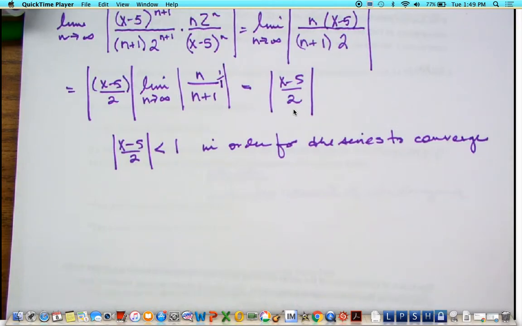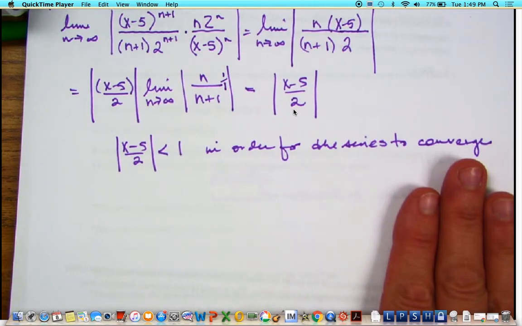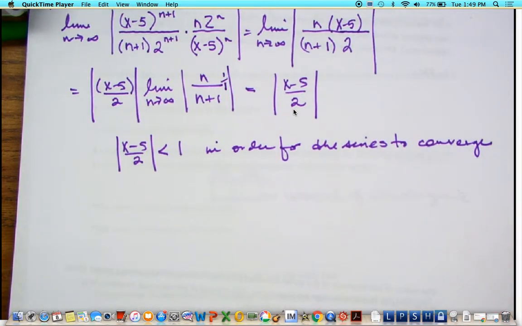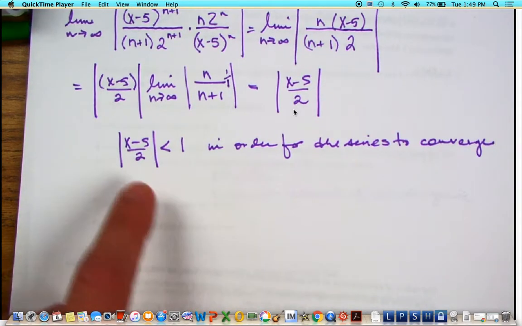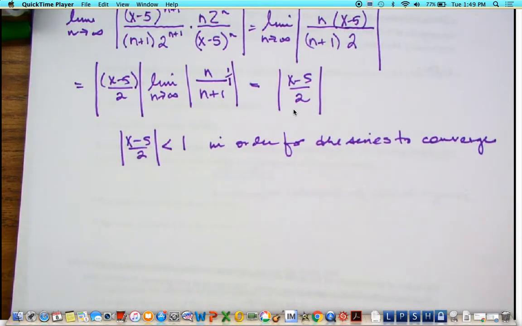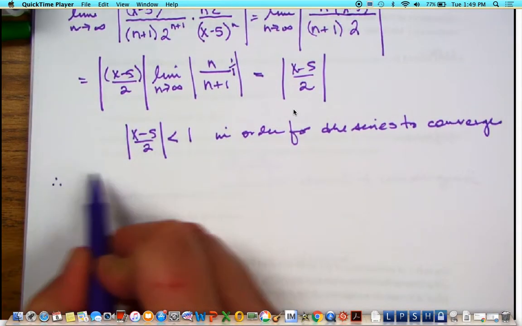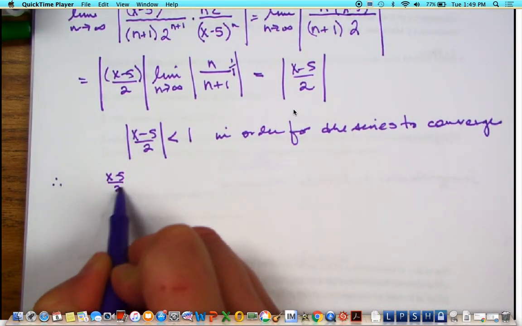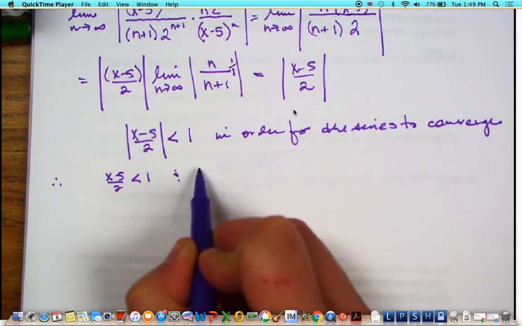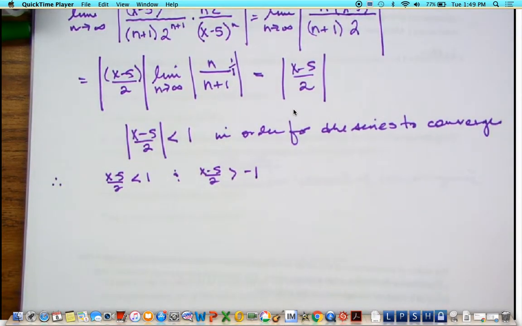Okay, are you with me? This must be less than 1 in order for this whole thing to converge. Yes? Okay. So now I need to solve this absolute value inequality so that I can figure out my interval, right? So x minus 5 over 2 is less than 1, and x minus 5 over 2 is greater than negative 1.